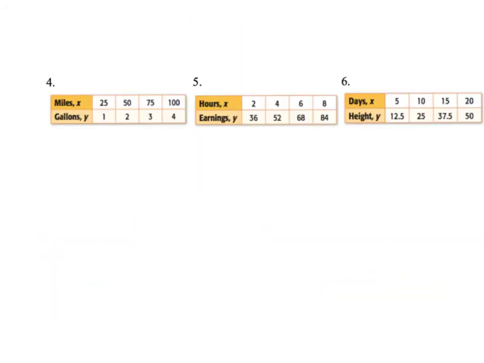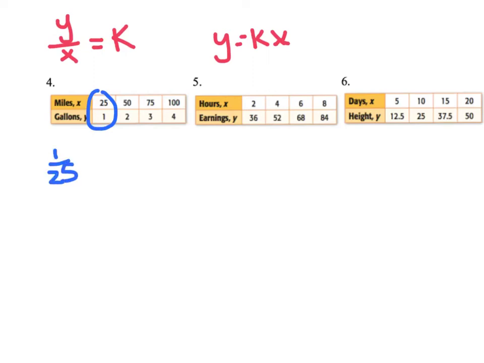All right, so let's go ahead and take a look at our last three graphs. I'll write our equation up top here that shows direct variation: y over x is equal to k, and y is equal to kx. All right, in our first example, I've got y over x, which is 1 over 25.